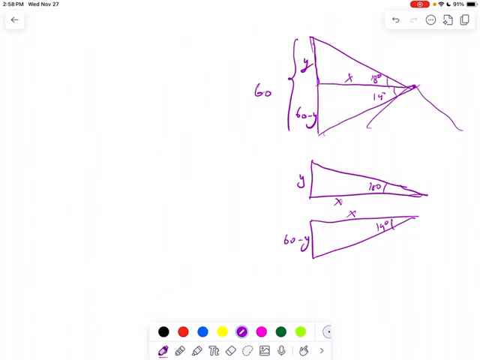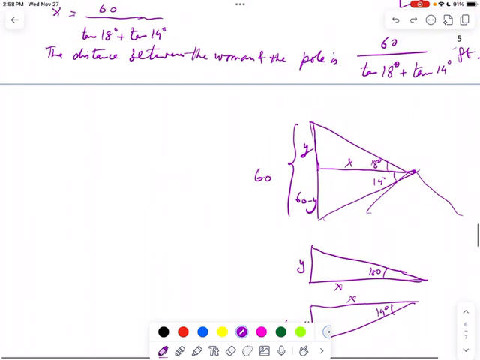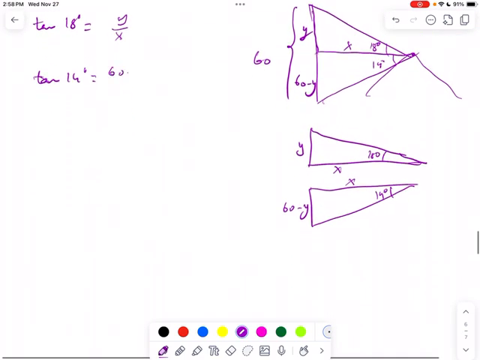So you can say tangent of 18 is equal to y over x, and then the second one will be tangent of 14 is equal to 60 minus y over x.